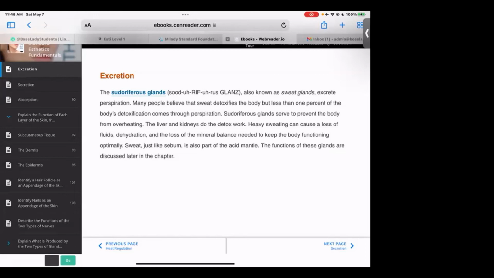It's going to look dry. It can even look as if it's peeling or flaking off. And all of that could be because they're not getting the proper restoration of water, vitamins, and minerals into the skin, because their excretion, one of those 6 primary functions, is overactive and it's not being replenished. So sudoriferous glands, also known as sweat glands.